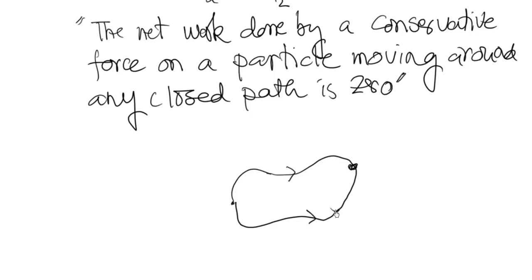Here we say the force acts on the particle and the state has been changed along this path, and if the force acts on the particle, this time it goes to state B along path 2.